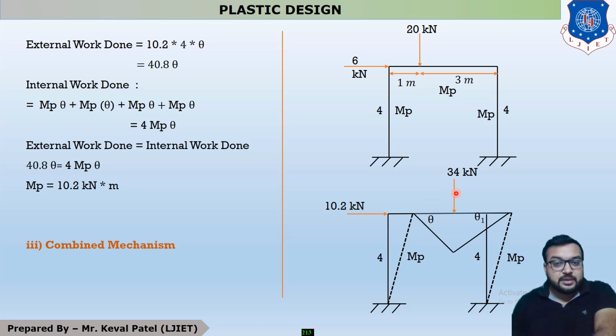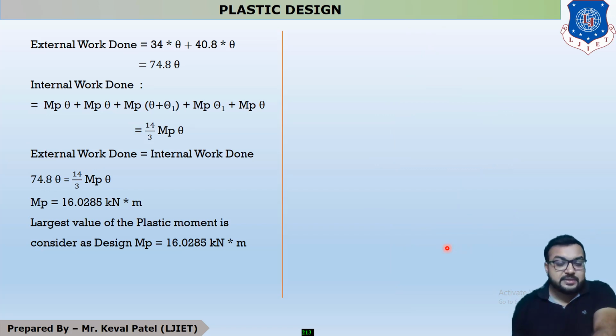Now this is your 34 kilonewton and the distance is different. This is 10.2. So this is your deflection. It is 4 theta and this is 1 theta. Okay. So now your total external work done is 10.2 theta into 4 plus 34 into theta. So it is 74 theta.